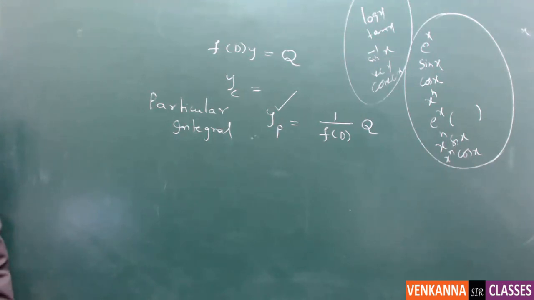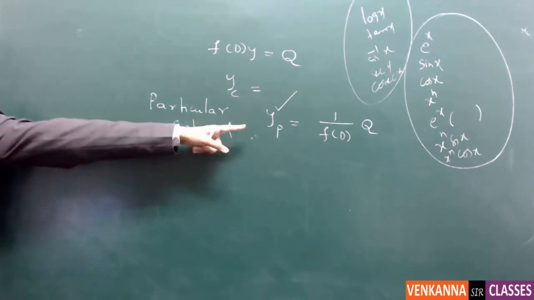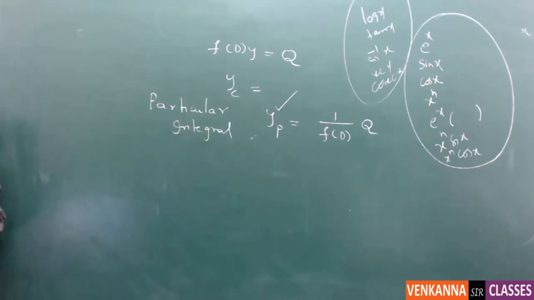So on the right hand side, q should contain functions like e power x, sin x, cos x, x power n, e power x into something, x power n into sin x, x power n into cos x. For those kinds of functions, procedures are defined to find the particular solution yp.